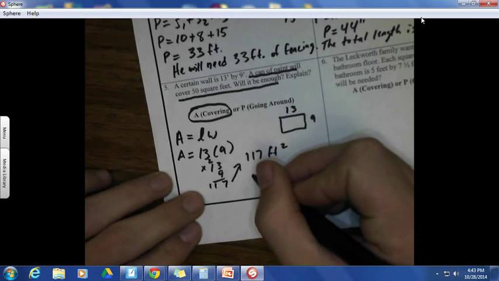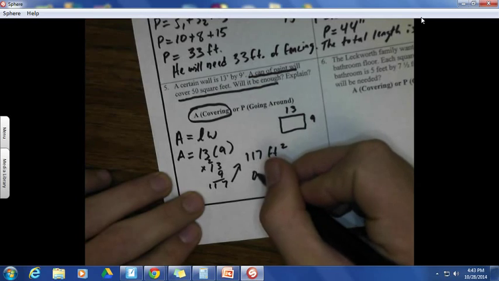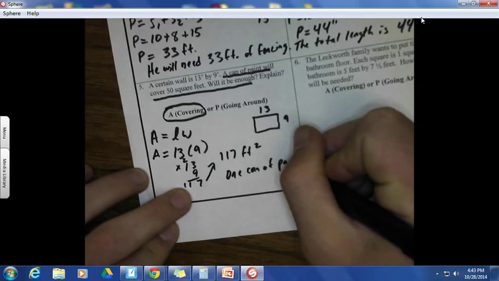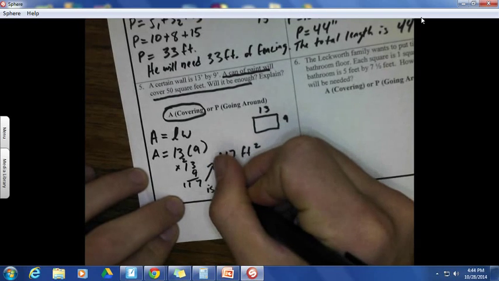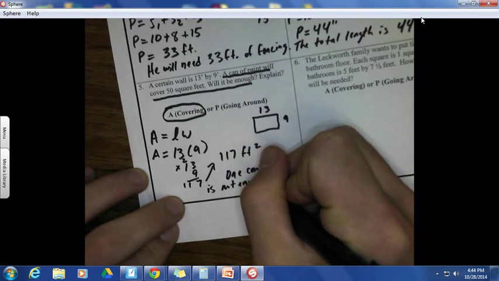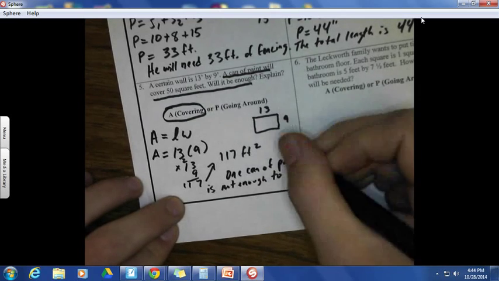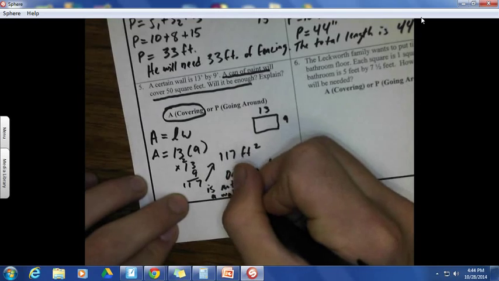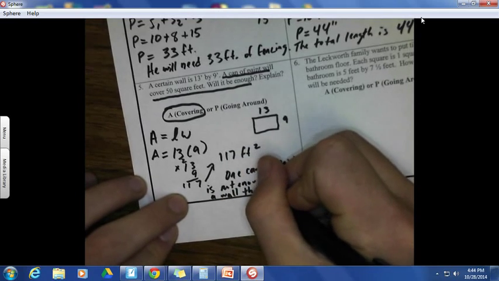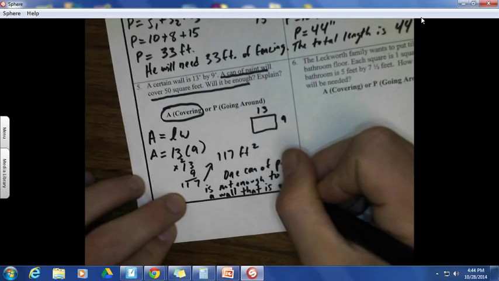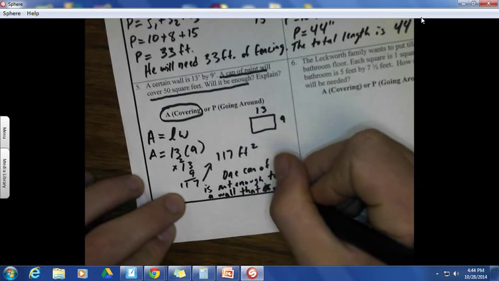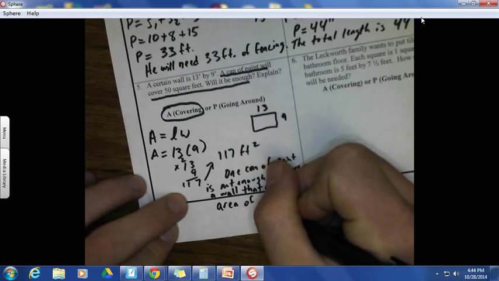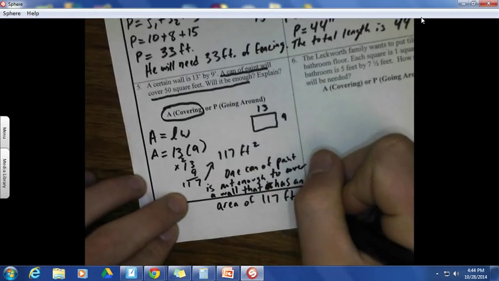So we're going to say one can of paint is not enough to cover a wall that has an area of 117 square feet.